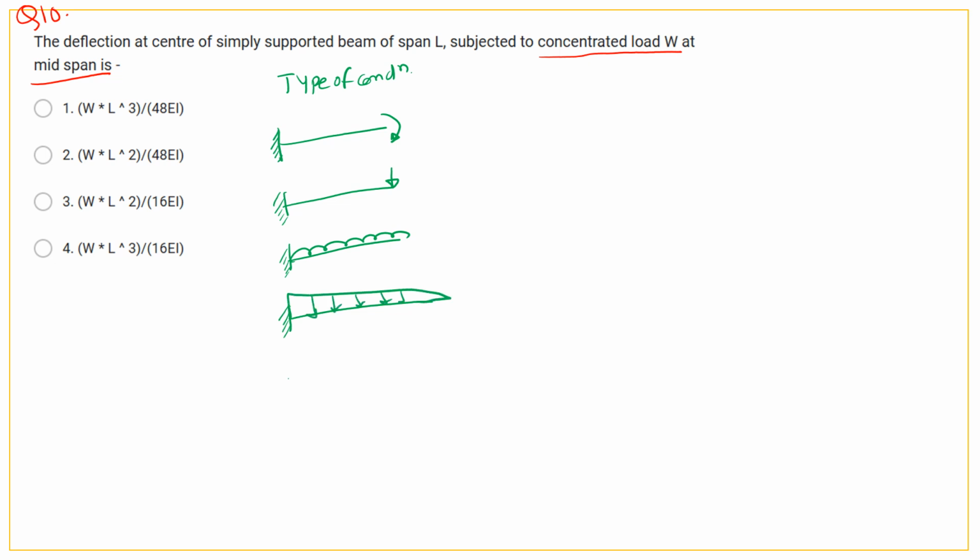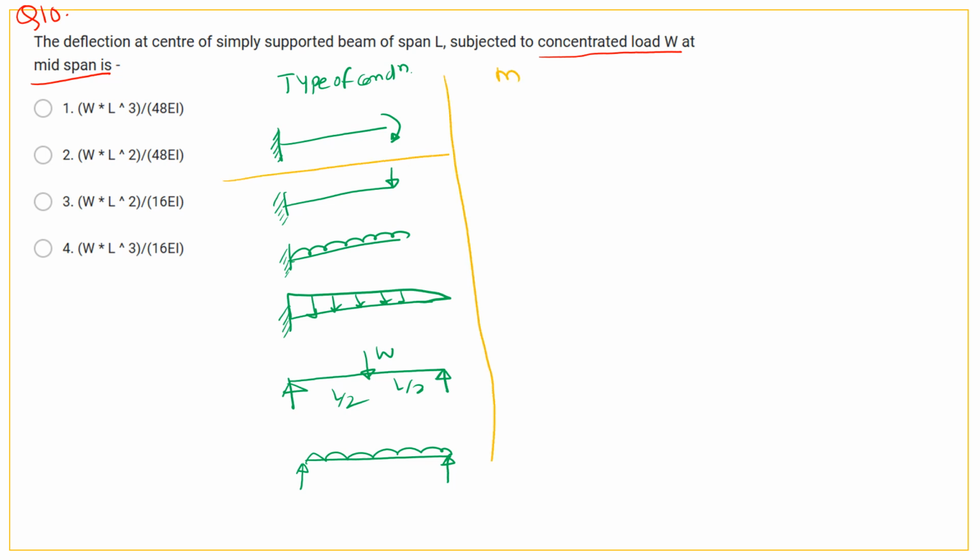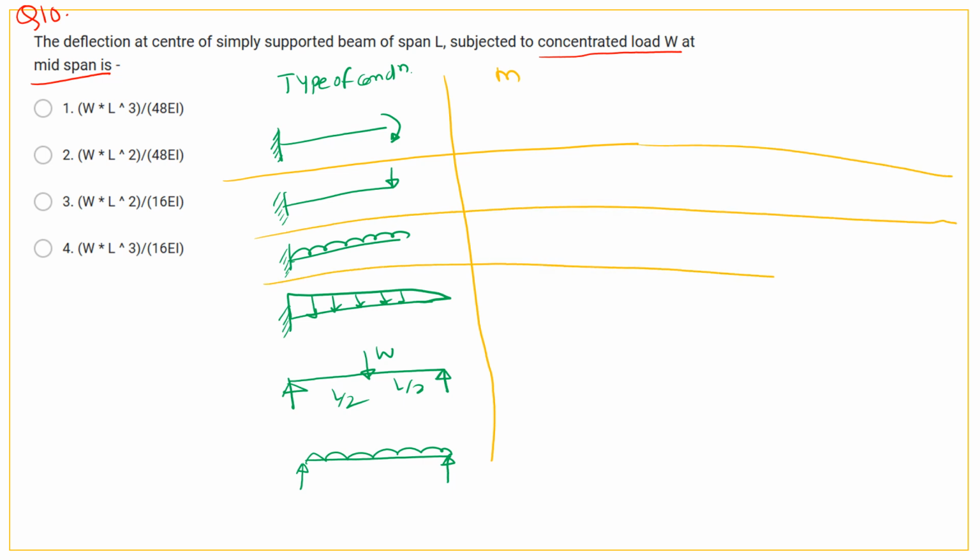Then next is a simply supported beam with point load W at its center, with L by 2, L by 2. Then simply supported beam with UDL. These are the different conditions. The moments for these conditions are, let me draw first.